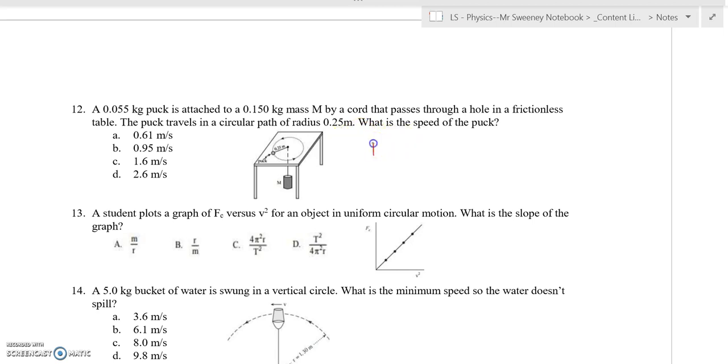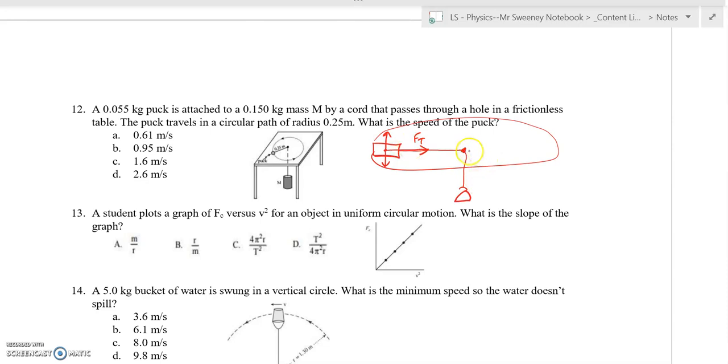if you drew a diagram for the puck, here's our puck, here's our string, it's going down through the table and there's a hanging mass down here. Sure, you've got a normal force and a force of gravity, but there's also this force of tension towards the center of this big circle that you're making on the table.